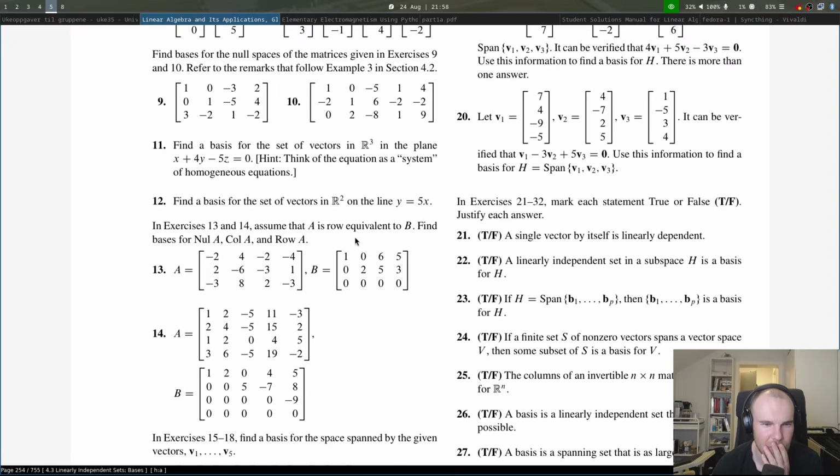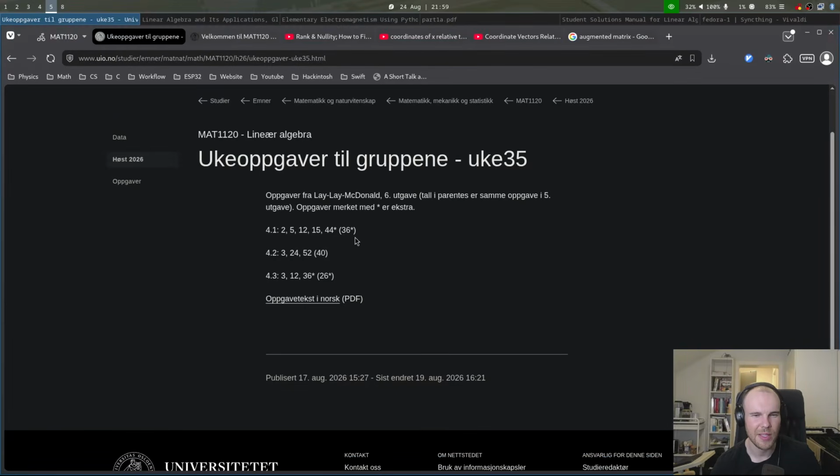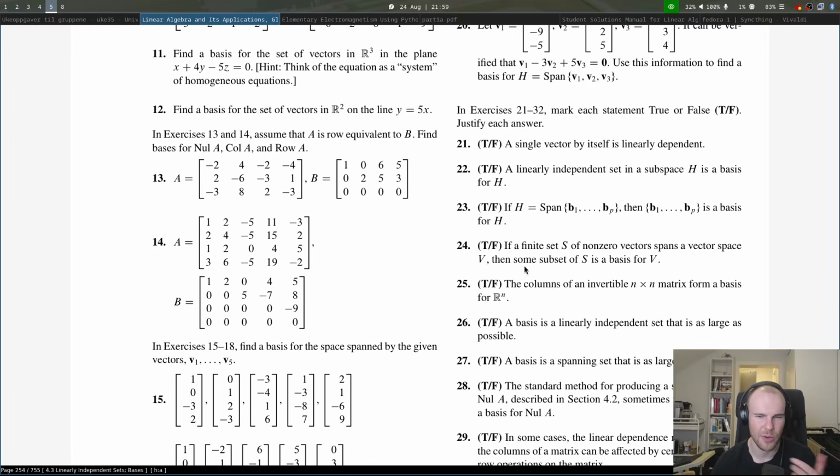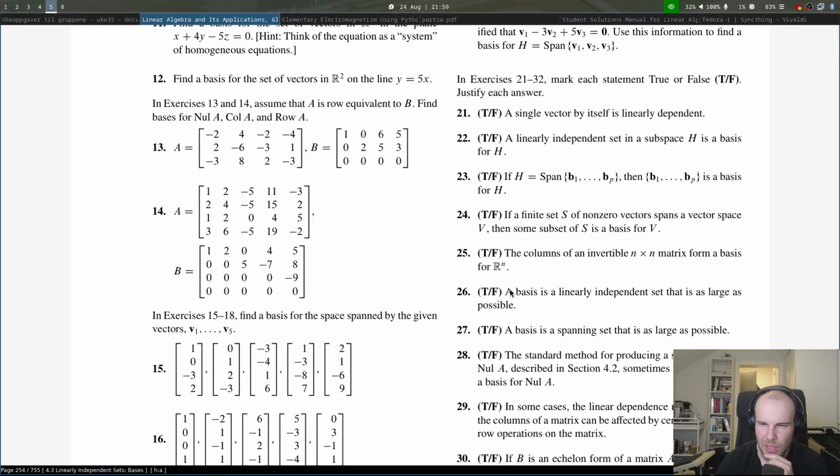Okay, that was 12. What was the next one? Can we do this quickly? Next one is 36 and 26. I don't know why they write it like that, but 26. A basis is a linearly independent set that is as large as possible. True. It's just a true or false, right? Why? Because for R2, I need 2 vectors in order to span as efficiently as possible.